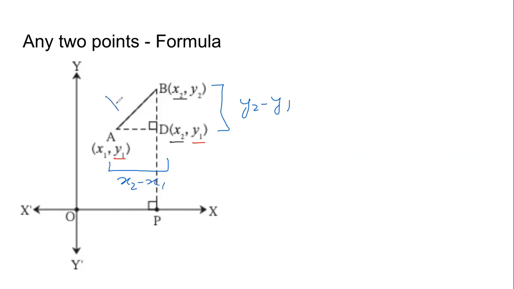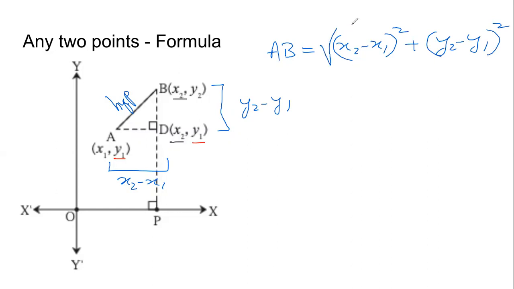Now AB is the hypotenuse. Now to get the hypotenuse, the length of AB or the distance between A and B can be calculated as x2 minus x1, this side का square, plus y2 minus y1 का square. यही तो किया हमने पहले भी, using Pythagoras theorem.